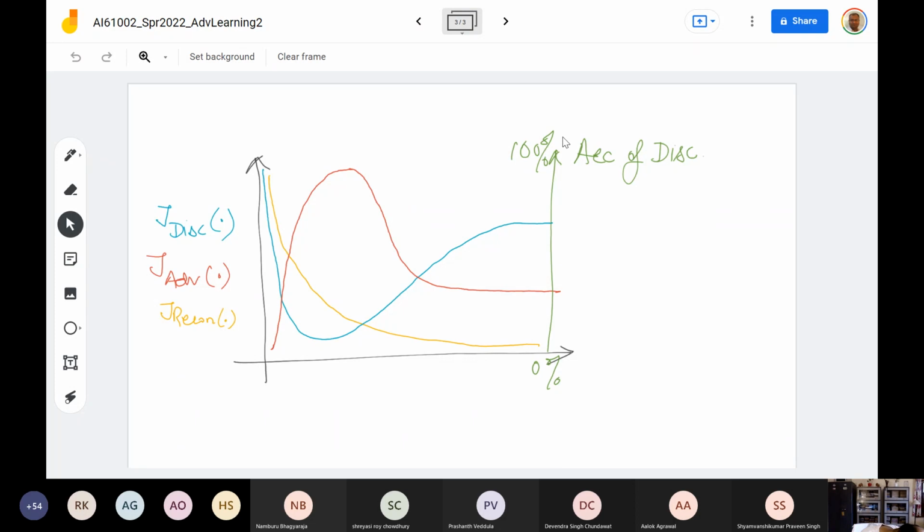Then somewhere over here, it's going to raise to a very high accuracy. And eventually it will come down to this point when it's 50% accurate. That can be a multi-class discriminator as well, or any of them, and you would see that this 50% accuracy of a discriminator is the point when the training has completely ended. So this is typically what you would observe with any kind of adversarial learning when you are delving into it.